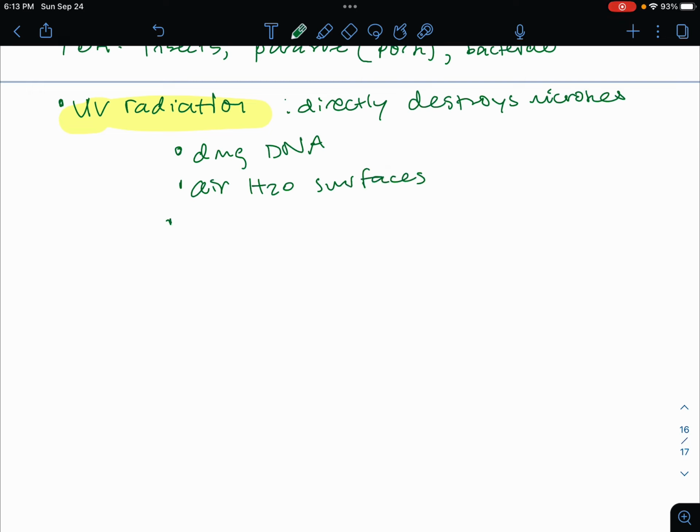However, it can't really penetrate. It doesn't go that deep. If there are thin films or coverings, these will limit its effectiveness, nor can it kill microbes who are in solids or turbid liquids.